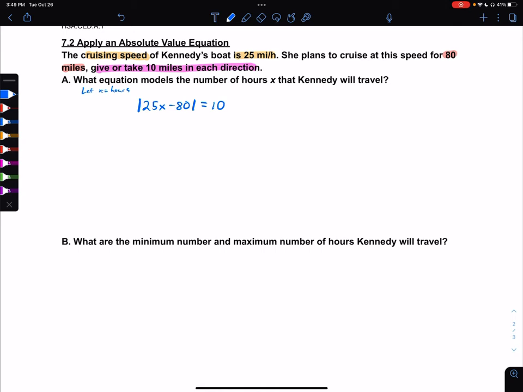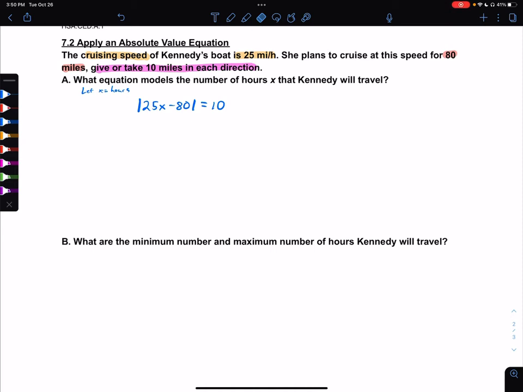So the total distance that we're going to travel, again, bear with me here, just follow along. We're going to be more worried about solving this rather than exactly setting this up. But the absolute value would be of 25x minus 80, and all of that's going to be the distance that Kennedy travels, and the absolute value will be the distance from the 80 mile point, which we know has to be within 10. All right, and that's it for A.